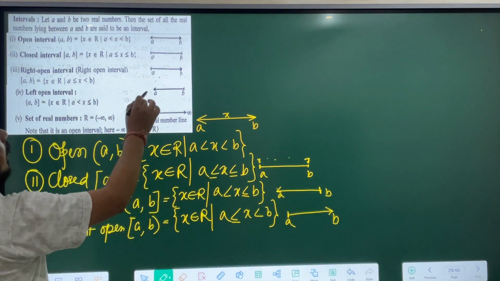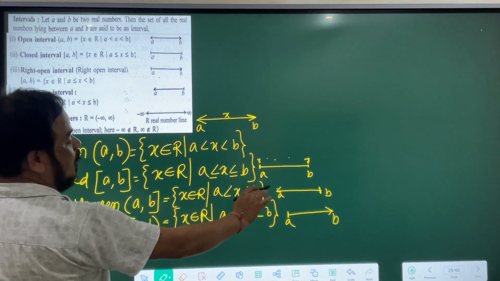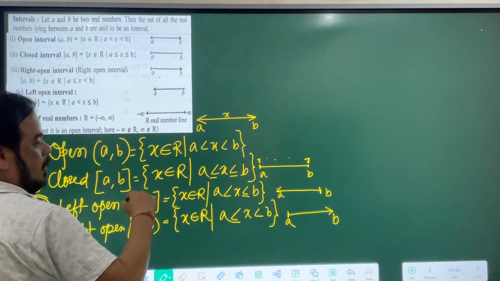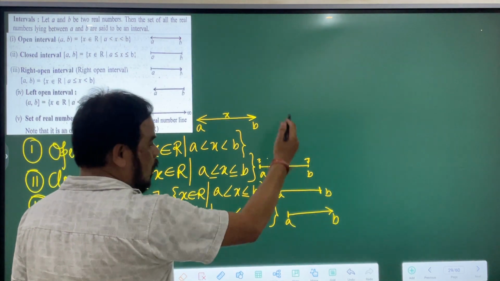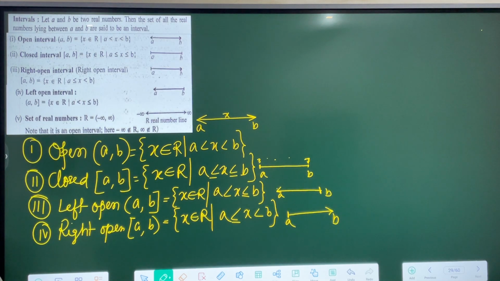Left open, an arrow mark is there on A. That means A is not included. A is crossed. Arrow mark means crossed. Here it is a wall. That means at B a wall is there, that means B is included. So you can understand that way.